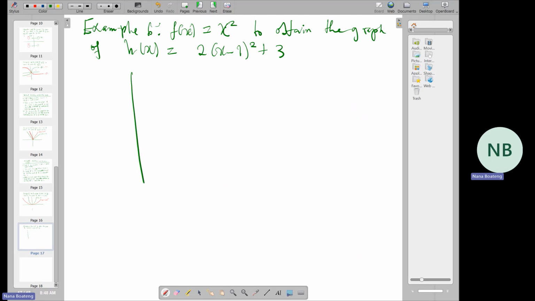So the original graph, f of x is equal to x squared. So this is the graph of y is equal to x squared. And so x minus 1 squared is a shift to the right by 1 unit.